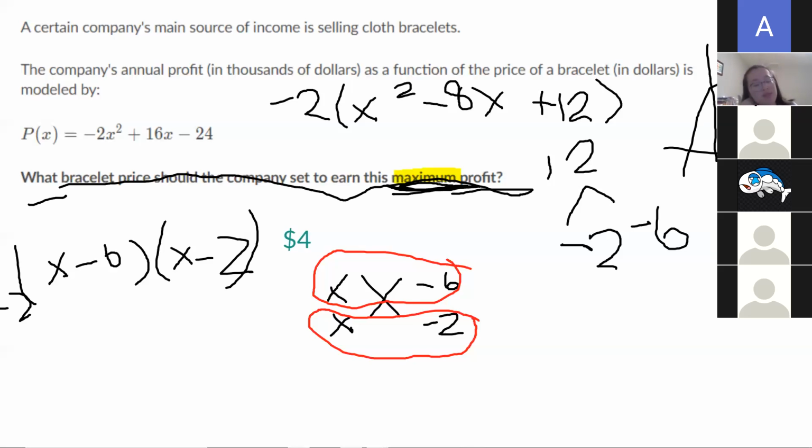A maximum profit would be the highest point on the quadratic. So the question is basically asking us to find the maximum, the vertex.